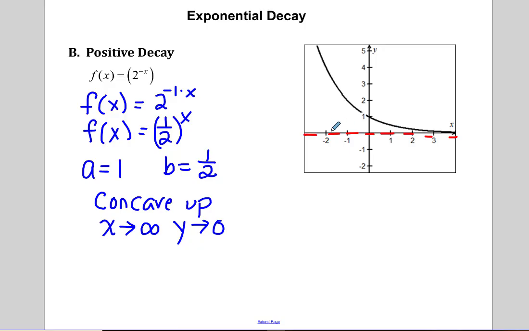So you notice I'm moving toward the horizontal asymptote as we go to the right. Concave up, it's a decreasing function. The graph itself lies above the horizontal asymptote, right? So this tells me I have positive decay.